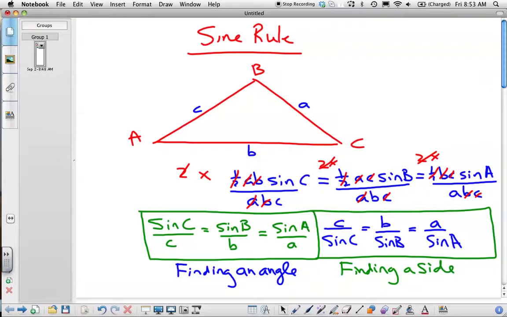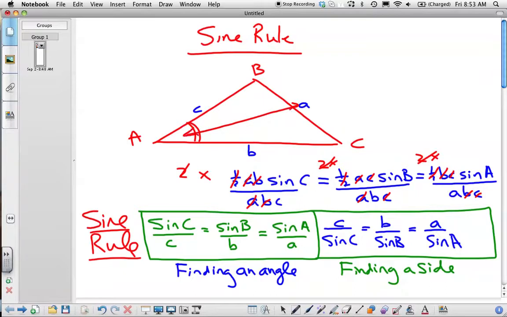Now the important thing with using the sine rule is that it works really well when you are given an angle and an opposite side.